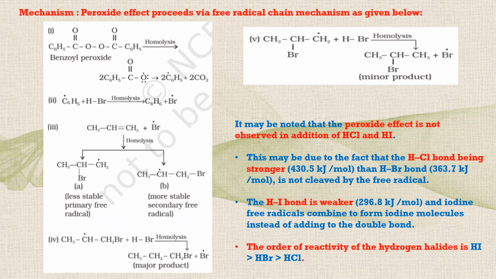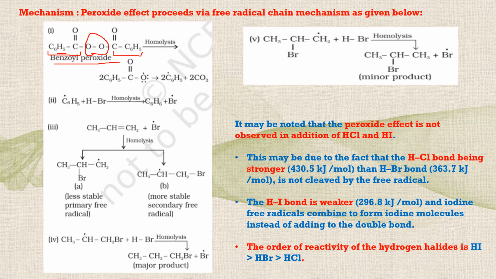Then, if I understand the mechanism for this particular reaction, this structure of benzoyl peroxide, which was there in the previous slide also on the arrow, is very, very important. Here you have C6H5, or benzene, here phenyl group I should say, attached to C double bond O. Same way you have C6H5 C double bond O, exactly same attachments on both the sides of this particular bond, which is called peroxide linkage.